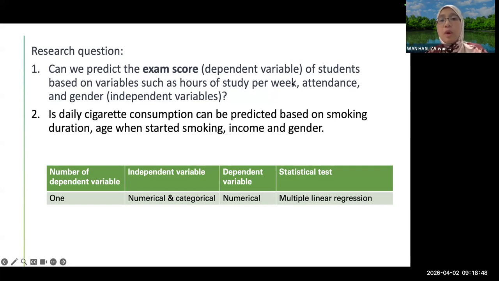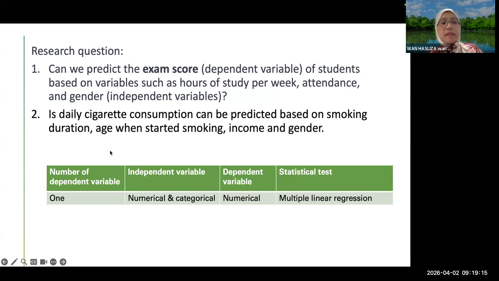The important thing is to know the dependent, which is the exam score, which is numerical. I have only one dependent. I want to see only exam score. My dependent is numerical. My independent variables are mixed between numerical and categorical. So the suitable statistical test is multiple linear regression.